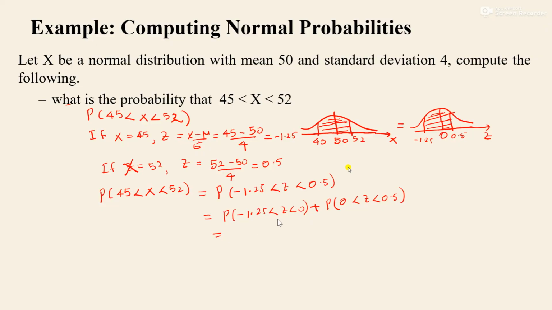So that is equal to probability of 0 less than z less than 1.25 plus probability of 0 less than z less than 0.5, right? Because we know that this area, minus 1.25, is equal to the positive part.